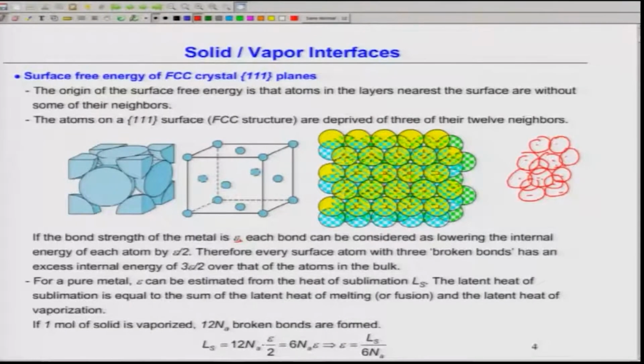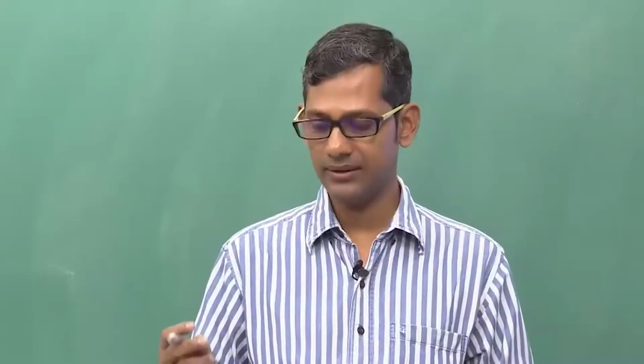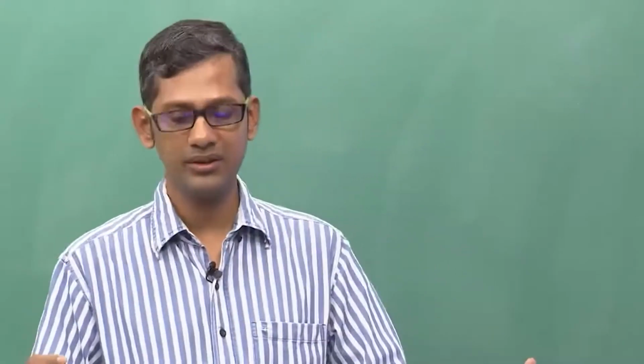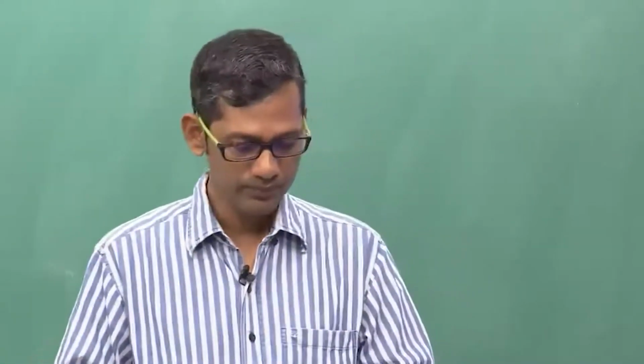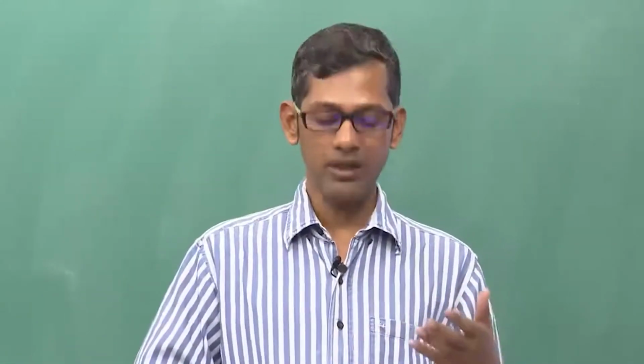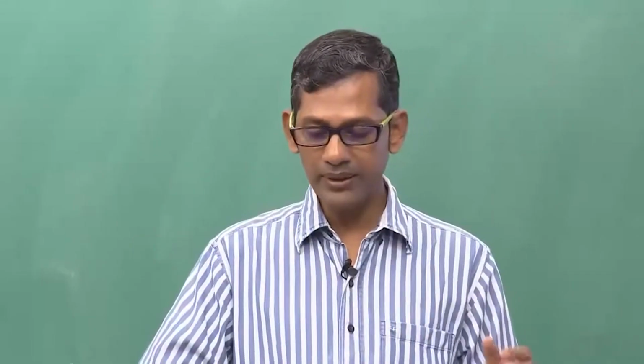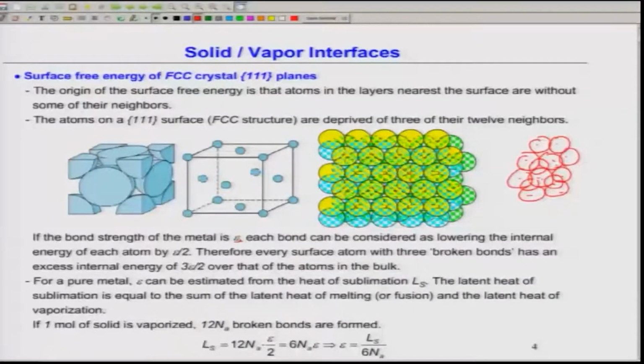So, per atom it is epsilon by 2. Therefore, every surface atom with 3 broken bonds will have an excess energy of 3 epsilon by 2, because 3 bonds are broken. So, 3 into epsilon by 2 is the excess interfacial energy over the atom in the bulk.